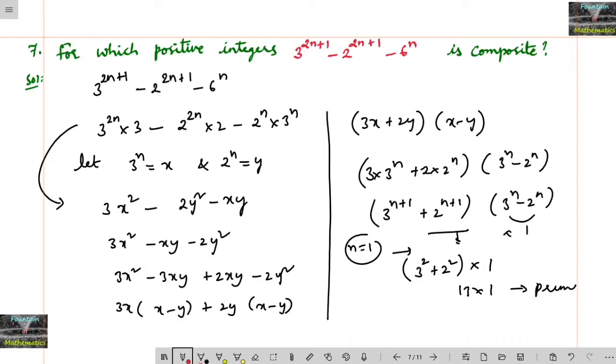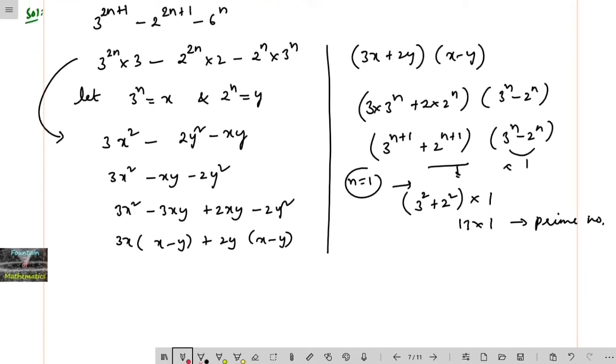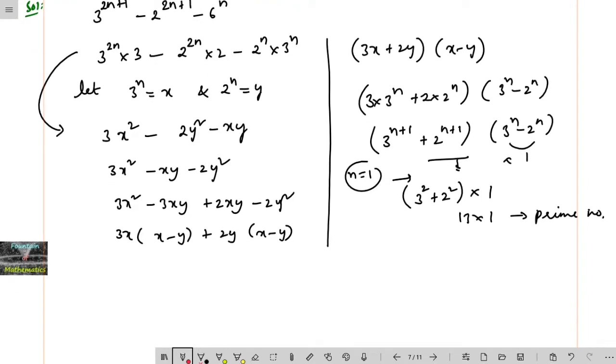It is not a composite number. Only because 3 power n minus 2 power n is 1 for n equal to 1; in other cases we won't get that. So we can conclude that except n equal to 1, we can take any other positive integers.